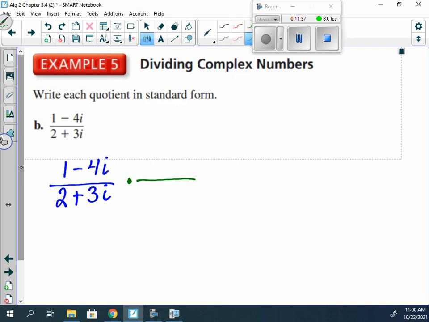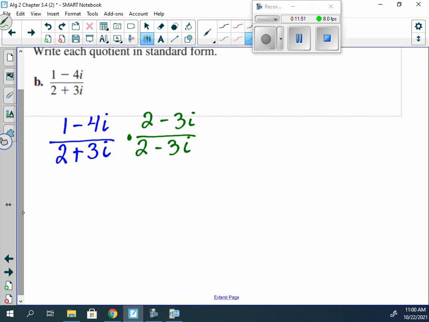So what would we be multiplying the top and bottom of this by? Yes, because we're going to multiply the top and bottom by the complex conjugate of the denominator.